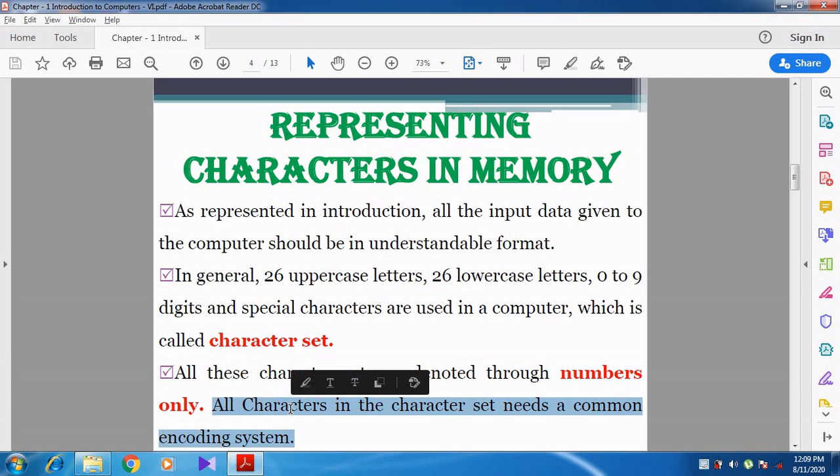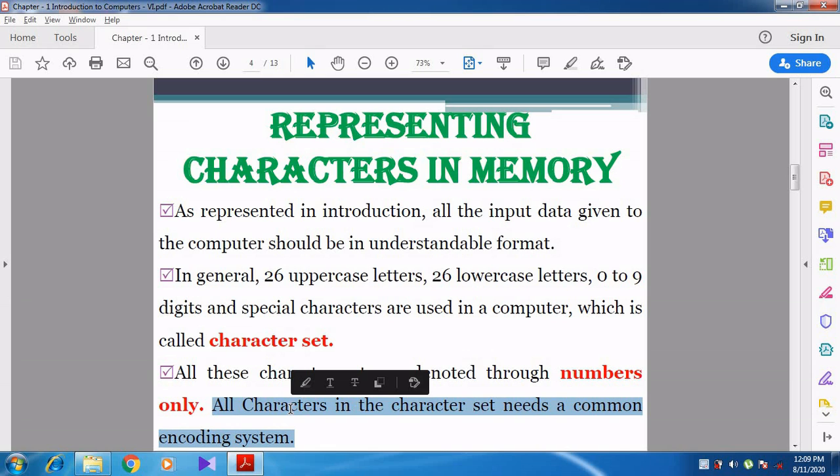So all the characters in the character set need a common encoding system. Each and every character should have a unique value, and each unique value should be converted to a binary number. So for that we are going to follow some coding system, an encoding system.